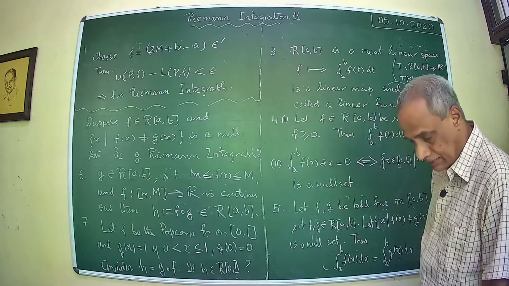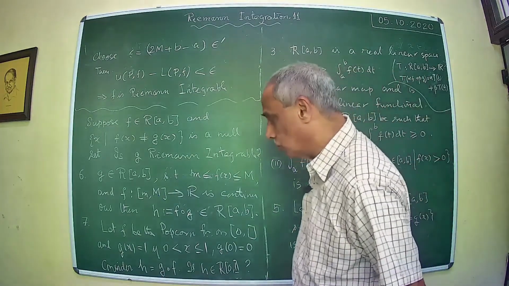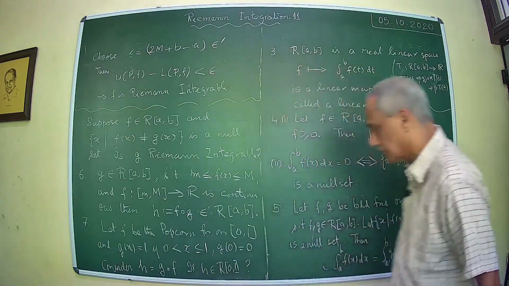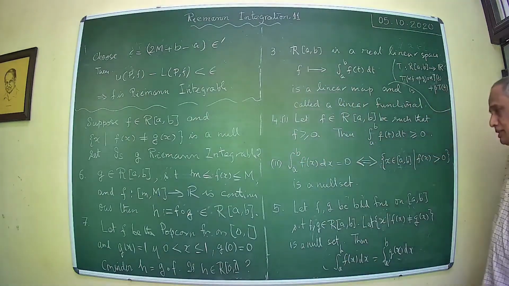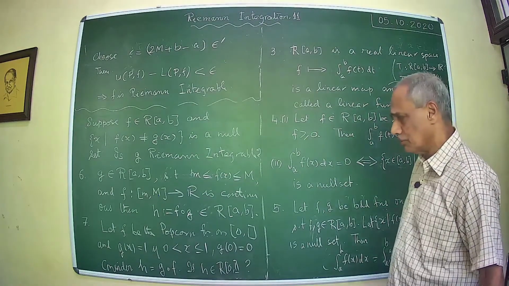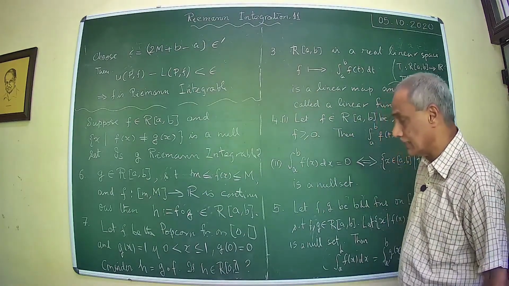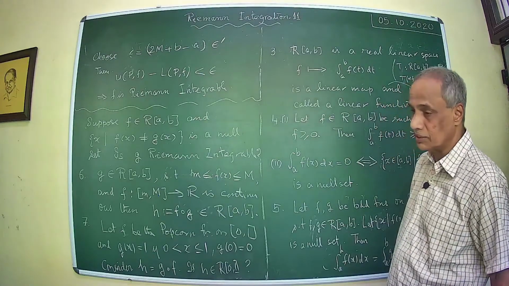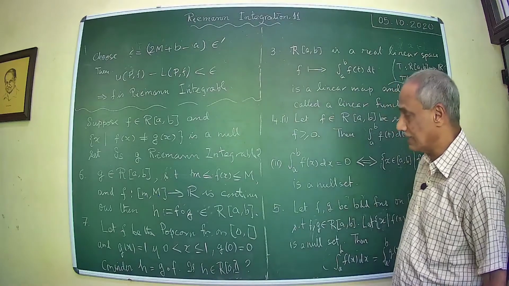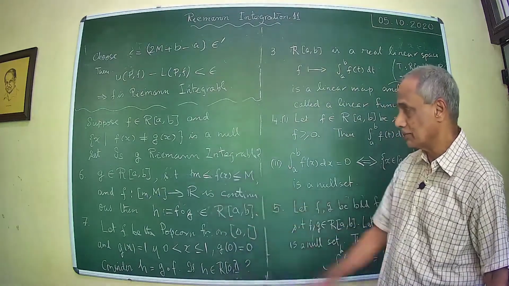Also, what does it say? It says that if both f and g are Riemann integrable functions, and g composition f is well defined, then still you cannot say that g composition f is Riemann integrable. That is not true. So you can't relax this any further.